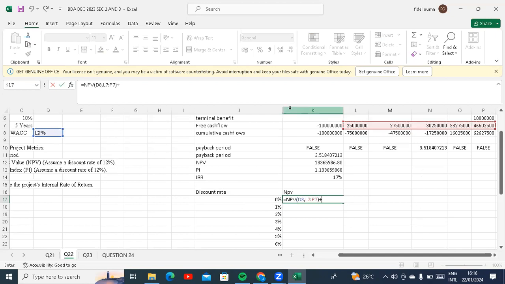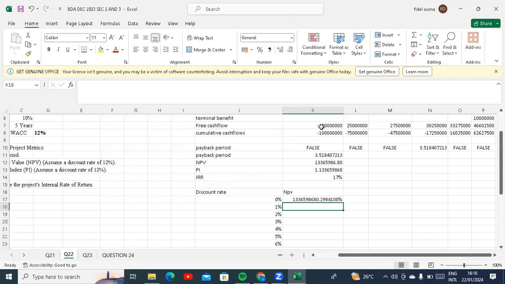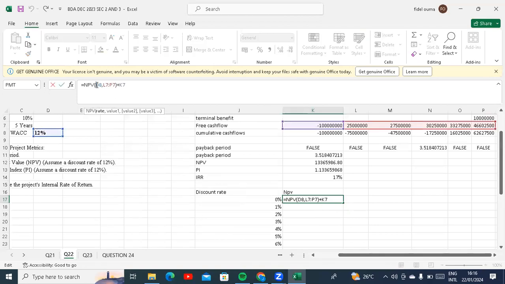Then I'll add to this. Yeah, so that's the value. Say general. Then I'll lock this with F4, because it's constant.